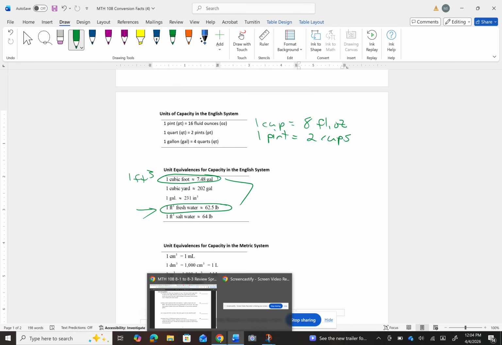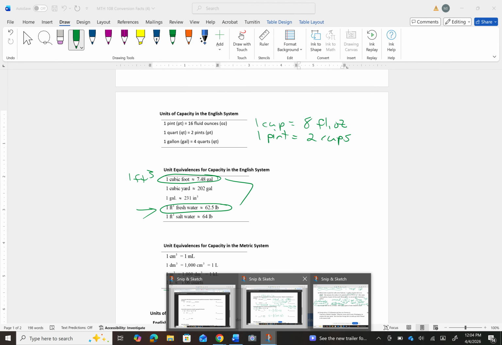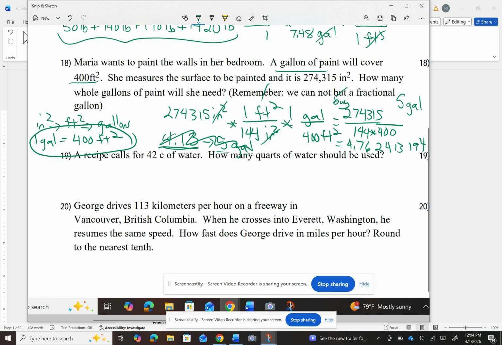So if you have one like this, we're trying to go from cups to quarts. So 42 cups. And then if I didn't know there were 4 cups in a quart, what I could do is get from cups, there's 2 cups in 1 pint, and then there's 2 pints in 1 quart.